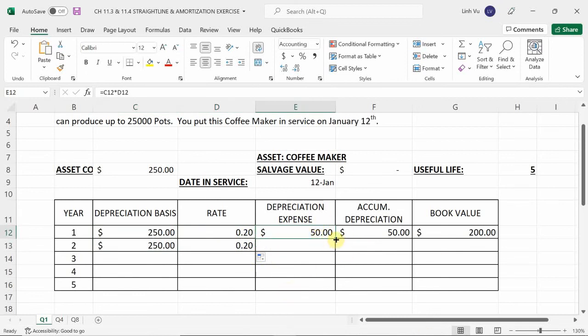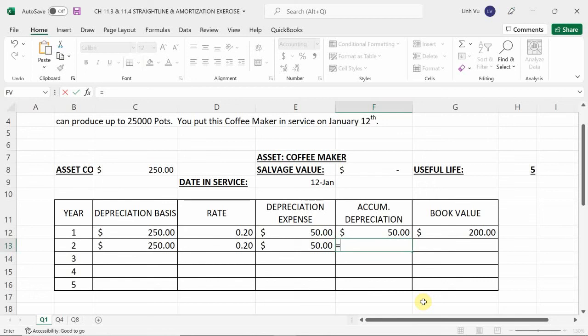And accumulated depreciation is previous year plus, sorry, not minus, plus current year. So 50 plus 50, 100. Good.